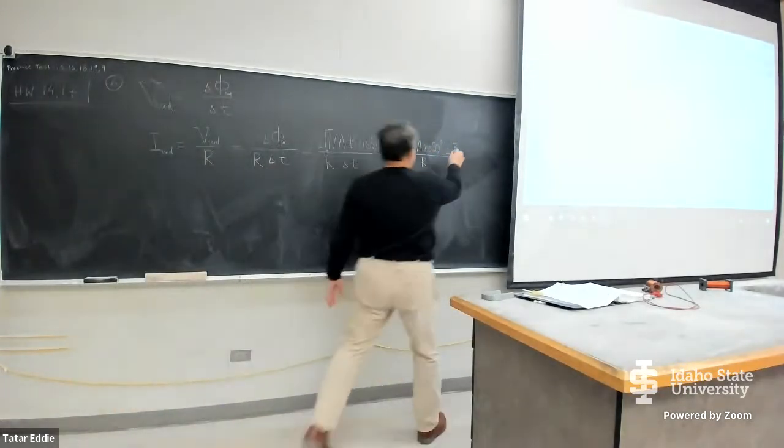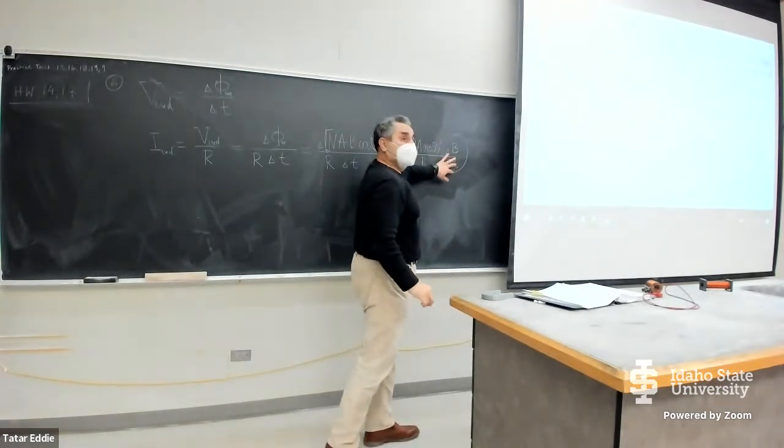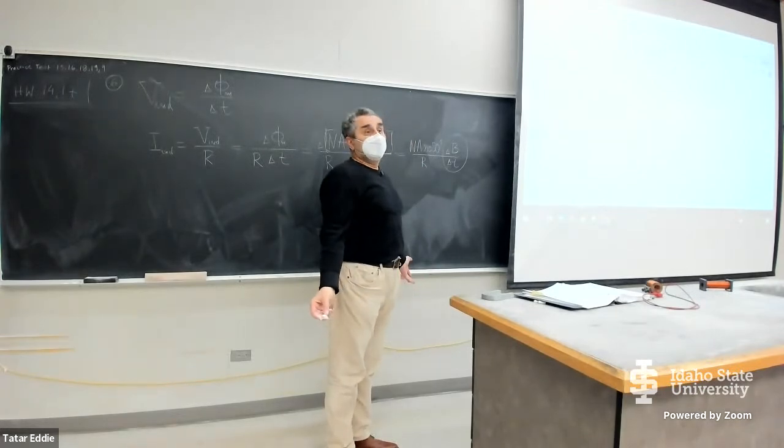So they're asking, what is this number? Delta B divided by delta T. This is what rate of change means, and this is what they're asking.